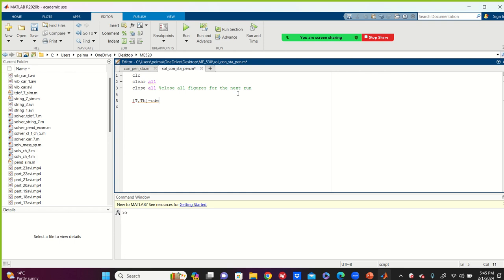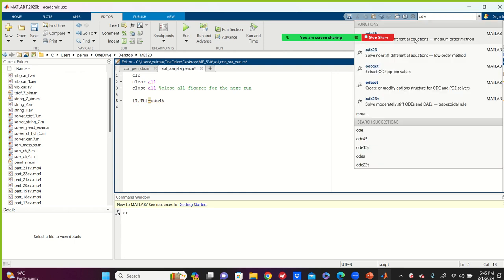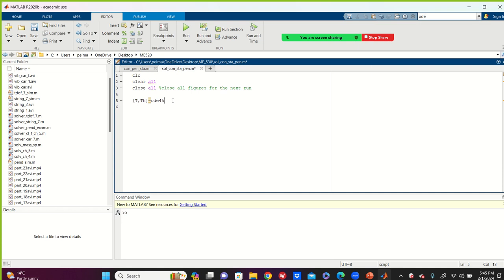Then ODE45. You have different ODE solvers; just go to the MATLAB help and search ODE. There is ODE23, ODE15s, and so on. You can find what kind of ordinary differential equation solver each one is. I'm selecting ODE45, and then the at sign in MATLAB means go and call another M file.